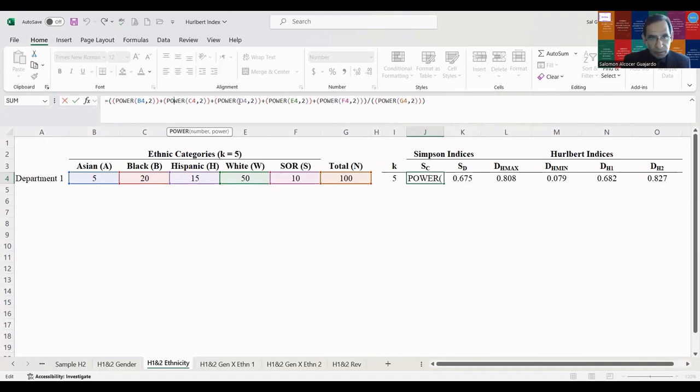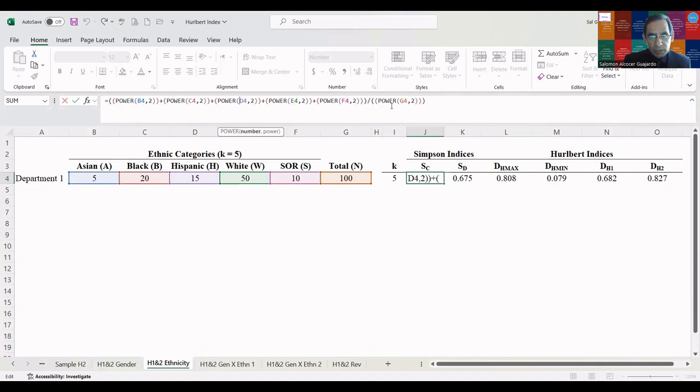Now, when you use frequencies, you have to square each frequency for each category, and then you have to divide the total product of the frequency squared by the total number of individuals in the organization.